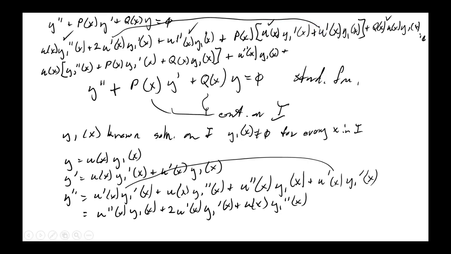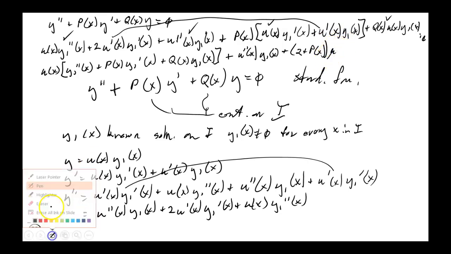Now remember, that term has a p in it, so that's going to be a 2 plus p of x times u prime of x times y1 prime of x.